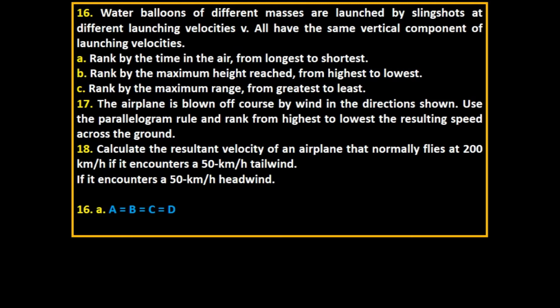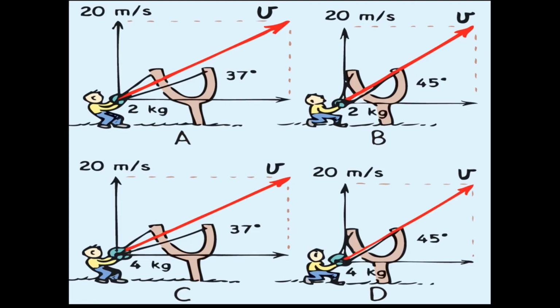The next one is ranked by the maximum height reached, from highest to lowest. Well, how long is it going to take each one to reach the maximum height? Well, it'll be 2 seconds.